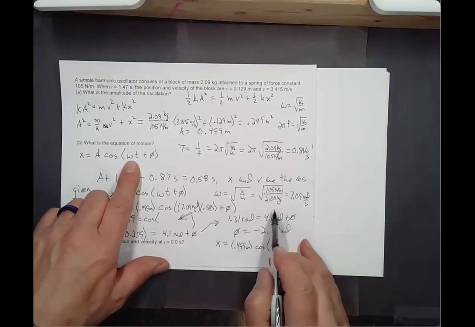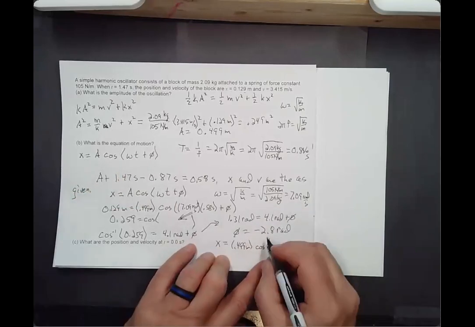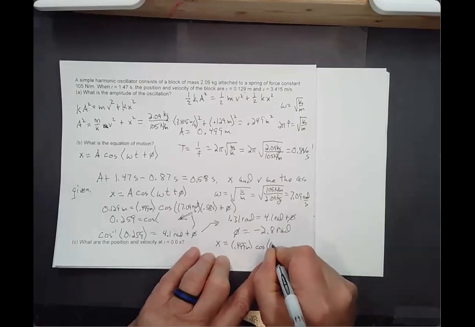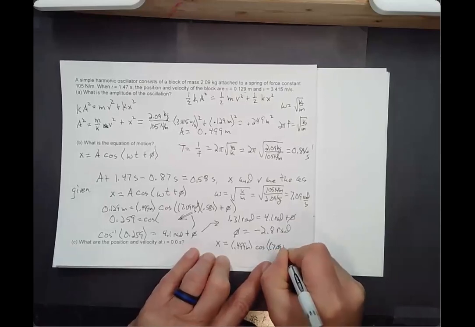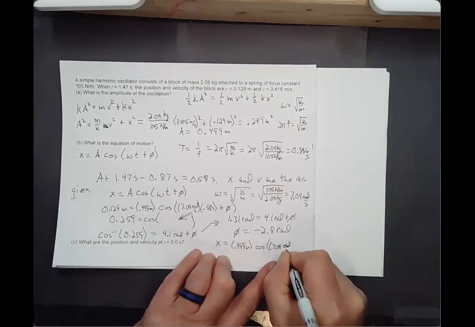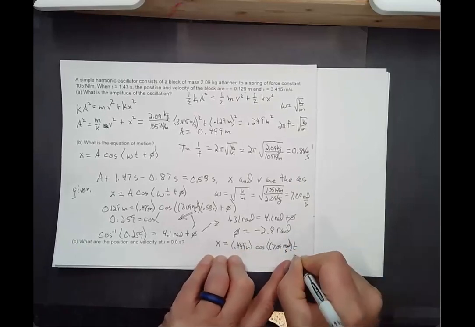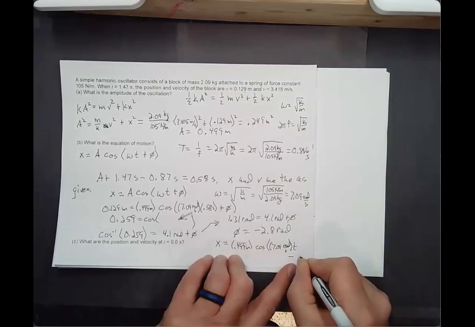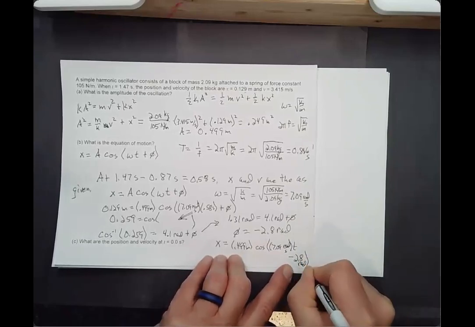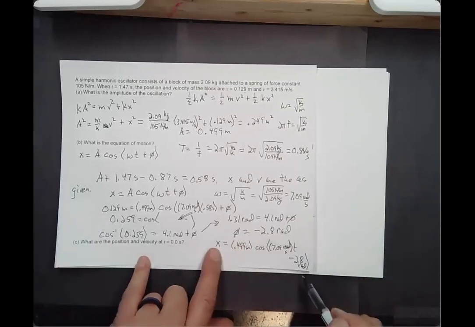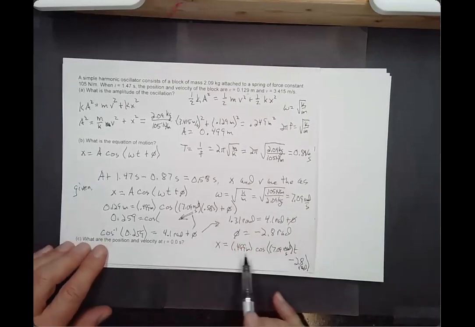Omega t is going to be our only variable, so 7.09 radians per second times t minus 2.8 radians. So we figured out our first phase constant for one of these problems.